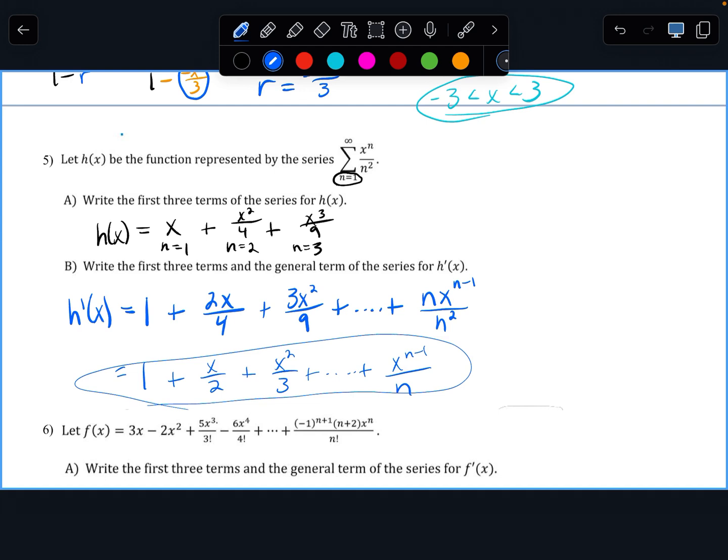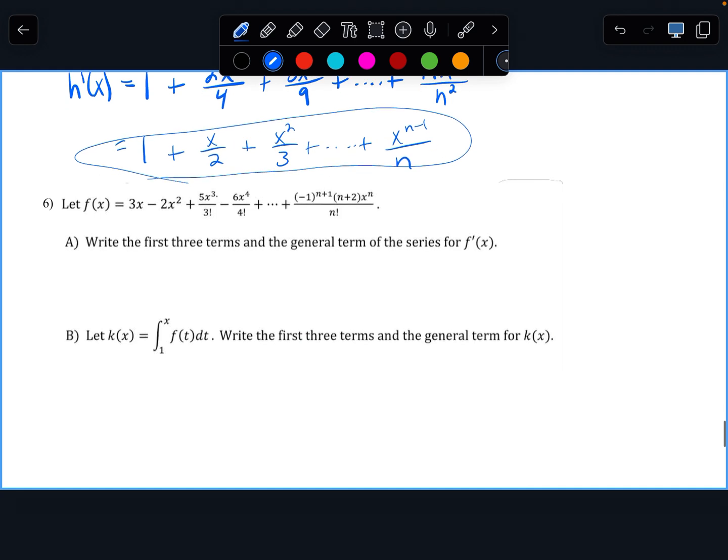Okay, ready to juice it a little? Because look at the general term on number 6. Ew! Okay, so write the first 3 terms and the general term for f prime. So same thing, don't be wild with it on the first step. Even though it feels dumb at first, just write it.